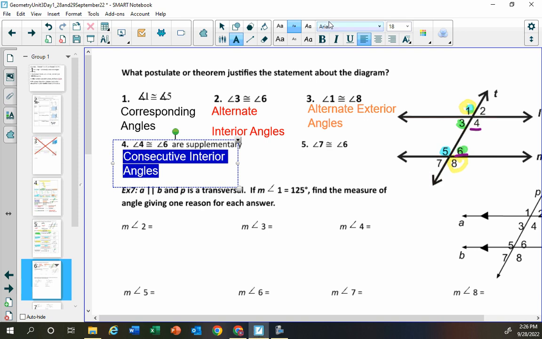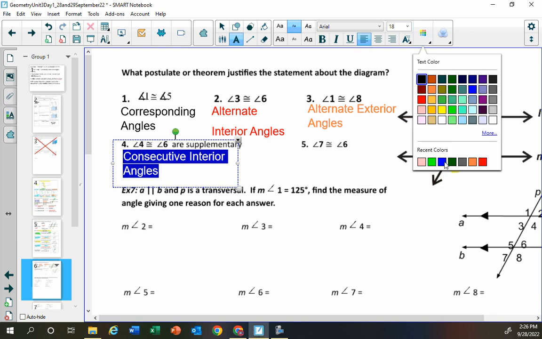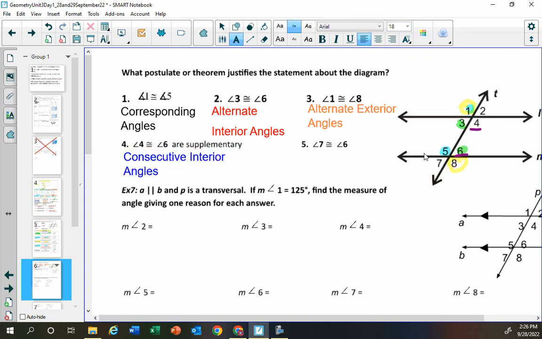Now, 7 and 6 are a little different. It's not what we've seen before. Well, we've seen it before, but not earlier today. Okay, close. So here's 7. Look where 6 is compared to 7.